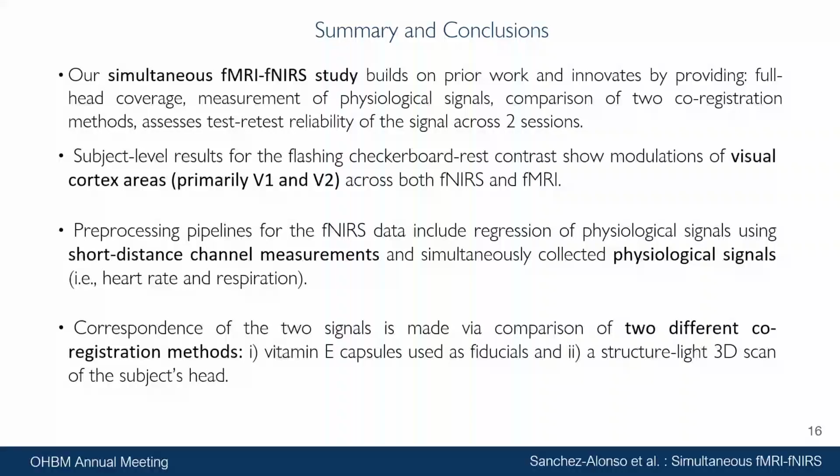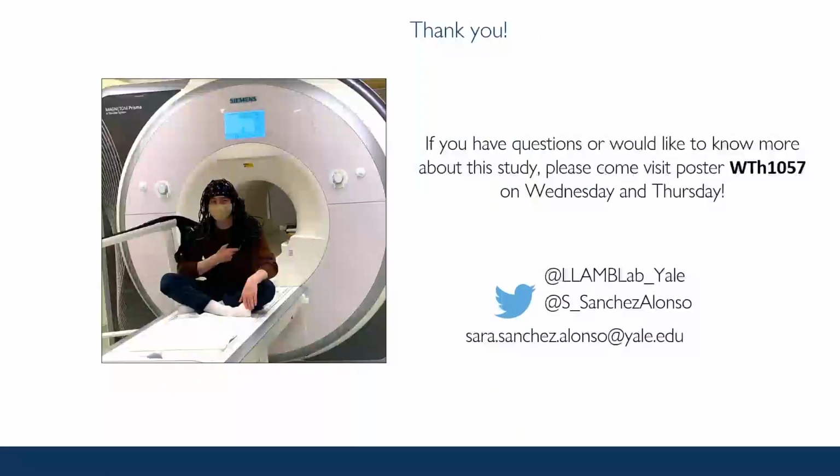Another important feature is that the correspondence of the two signals is made via comparison of two different co-registration methods. One of them uses the T1 image, the other uses the 3D structure sensor. If you'd like to know more about the study, please come to my poster on Wednesday and Thursday, and I'll be happy to answer any questions.